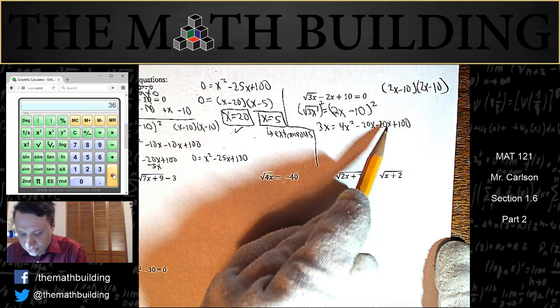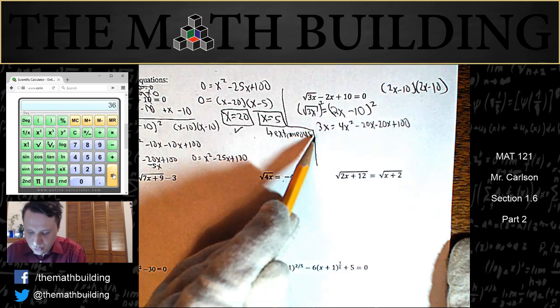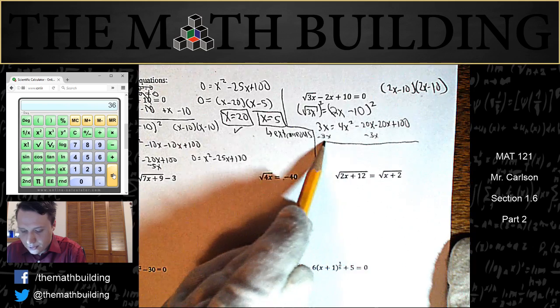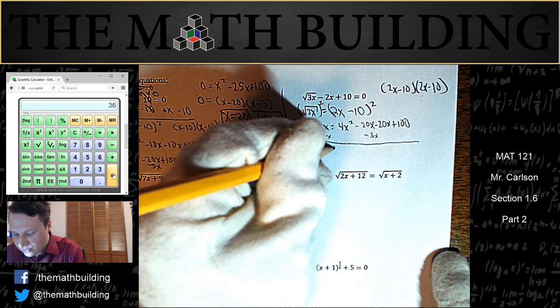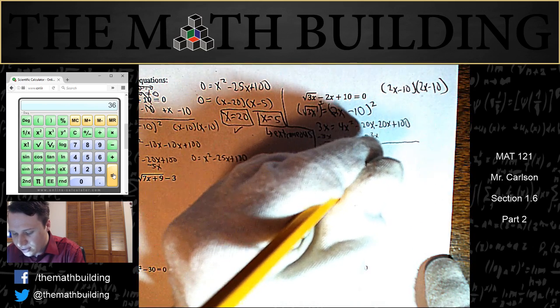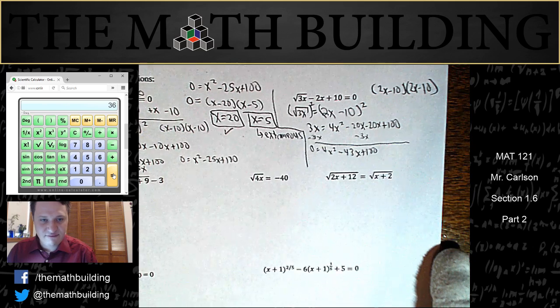Combine those and bring the 3 over. Negative 20 and negative 20 is negative 40. And if we subtract 3x, we get 0 is equal to 4x squared minus 43x plus 100. And unfortunately, that doesn't factor.